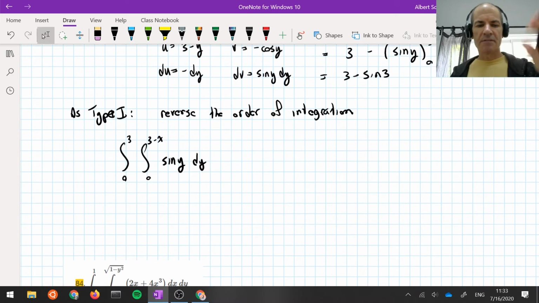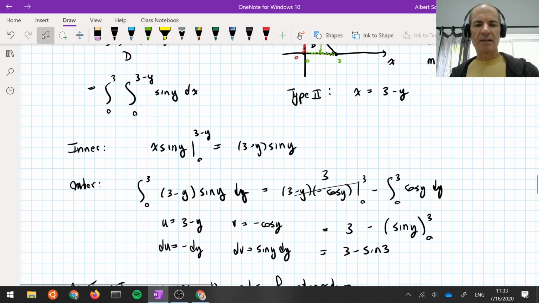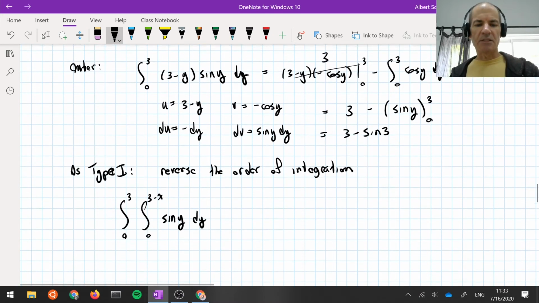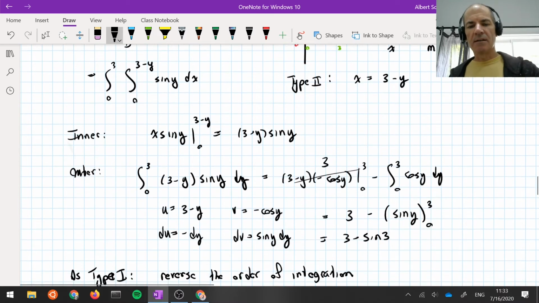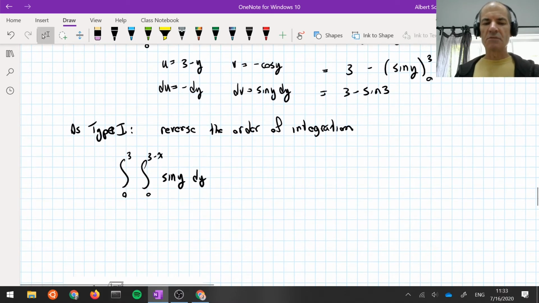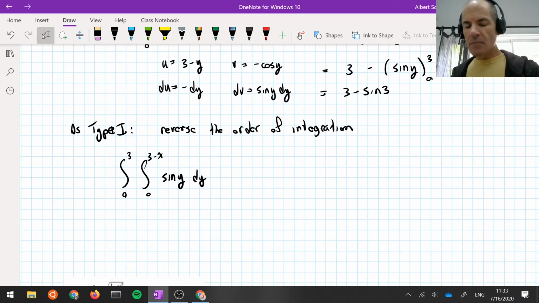It looks like I just changed this y to an x, but that's more to do with the overwhelming amount of symmetry in this figure. But other regions of integration aren't so nice. So you always have to go back to the figure when you're reversing the order of integration. Start from scratch and rebuild the limits of integration. There are no shortcuts.